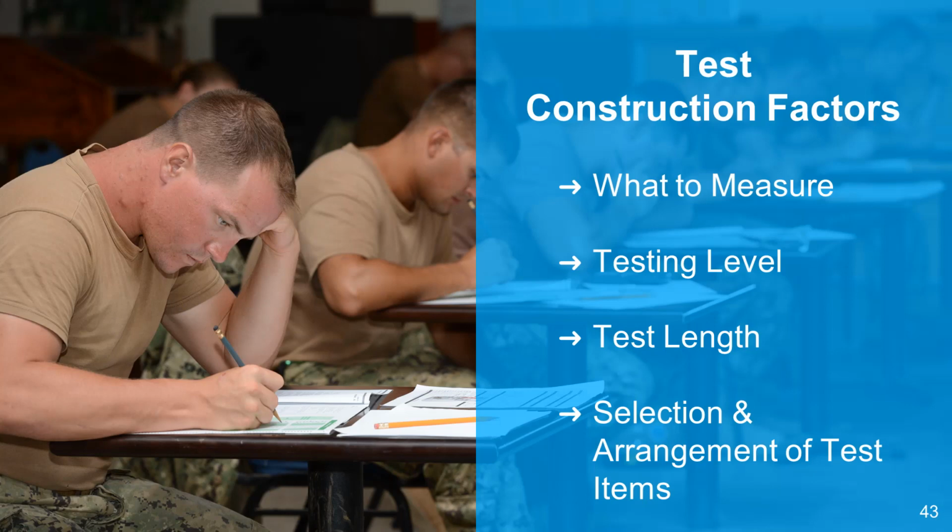Test items selected should be clear, concise, and well written to minimize misunderstandings. Items of the same type should be grouped together in a test if possible. Individual test items should also be arranged in approximate order of difficulty, which allows a student to progress as far as they can without spending excessive time on difficult items at the first part of the test.